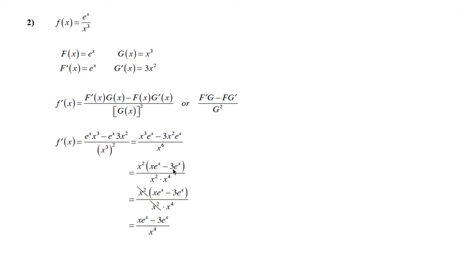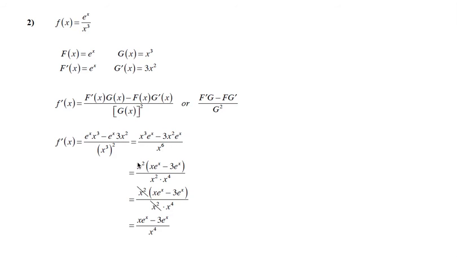And then in the next step, I have factored the greatest common factor out of the numerator, which is just x squared, and the reason I did that is because that is also a factor of the denominator. So the denominator is x squared times x to the fourth. I factor an x squared out of both of these terms, and that leaves behind x and 3 times e to the x.